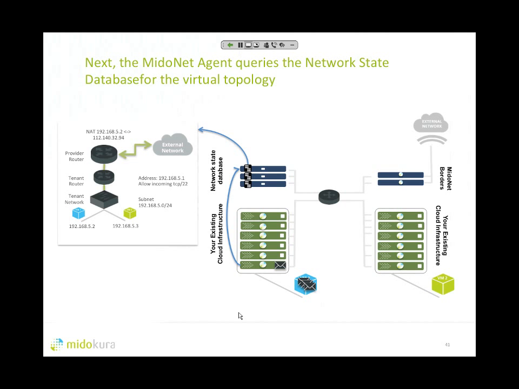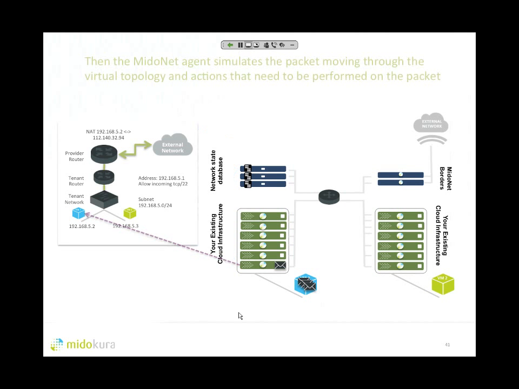Again, since it's only the very first packet, the MidoNet agent queries the network state database for that virtual topology for the traffic flow to the external network. This time, the floating IP rule may be applied since it's an outgoing outbound packet, and the MidoNet agent applies that simulation all locally at the compute edge host.